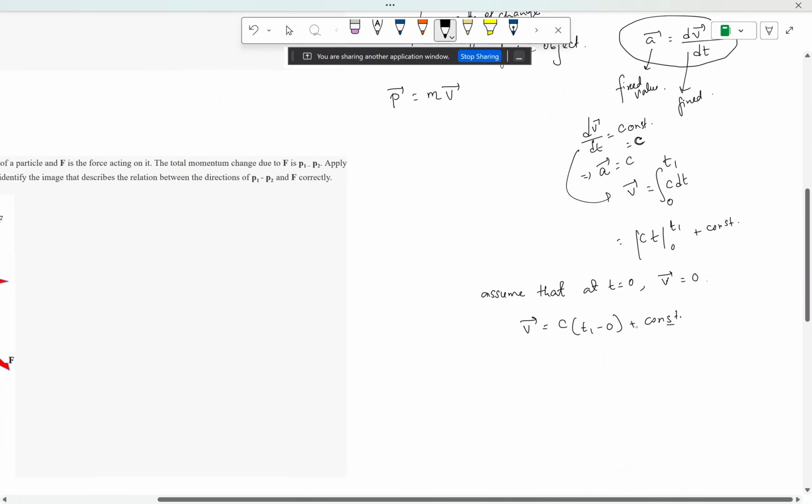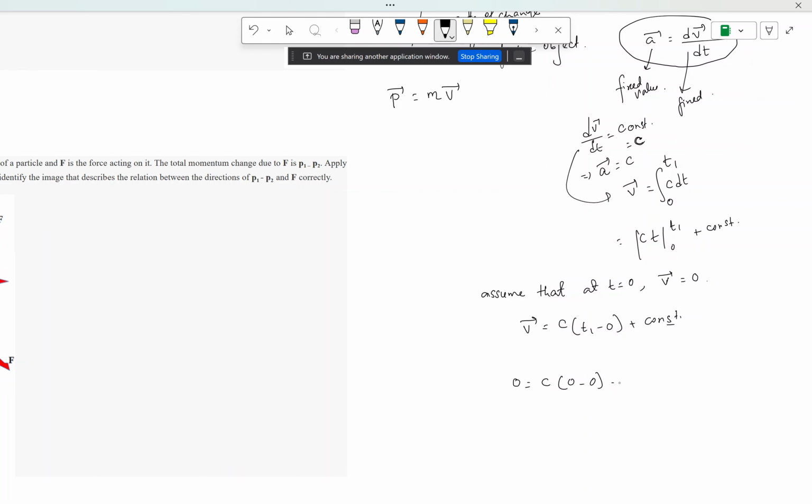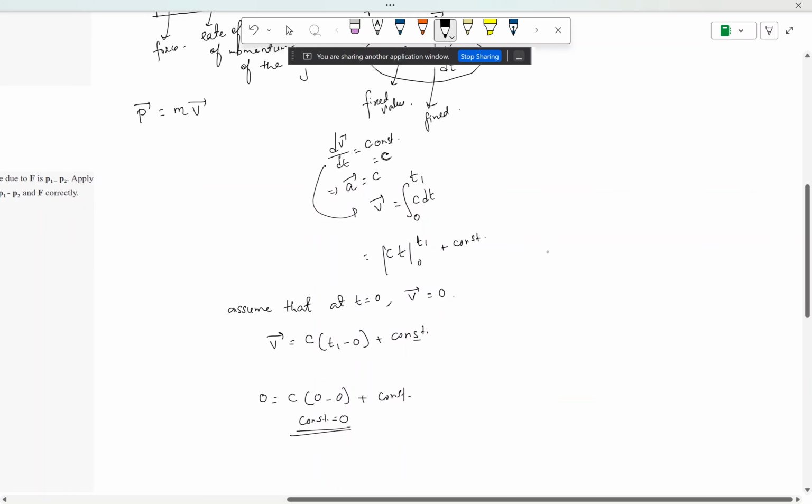But for this case, if at t equal to 0 your velocity was 0, that means v equal to 0 at c times 0 minus 0 plus constant. So when it is multiplied by 0, obviously your constant term reduces to 0.